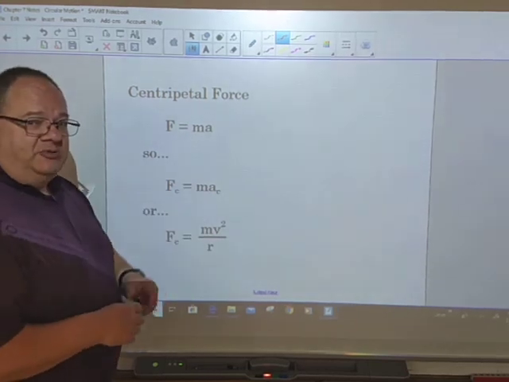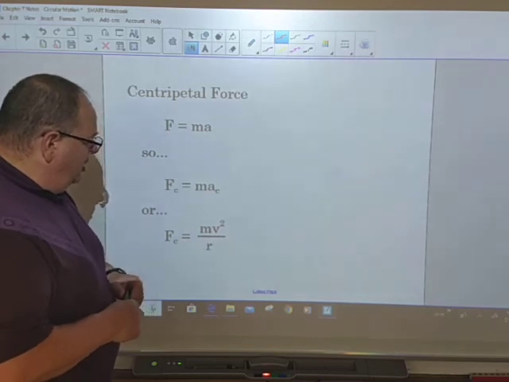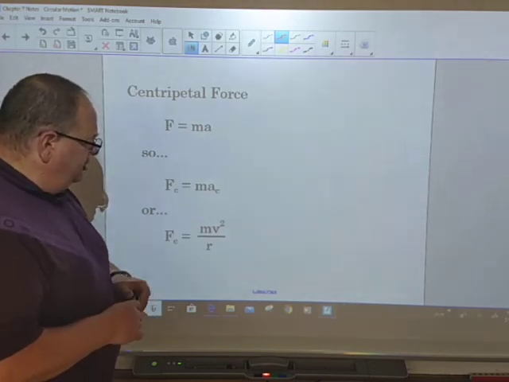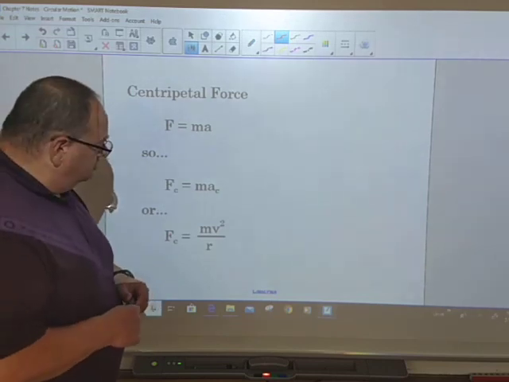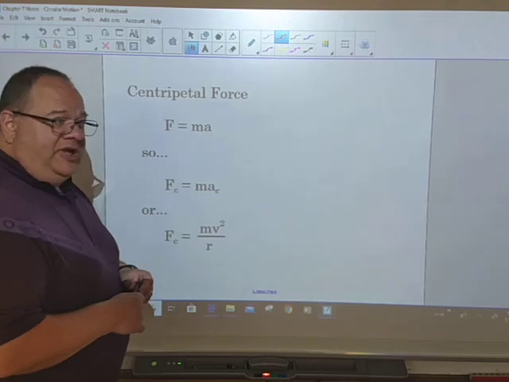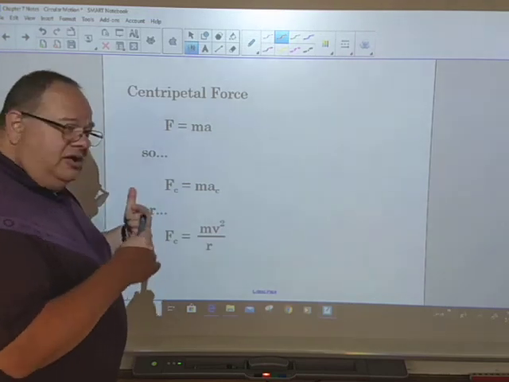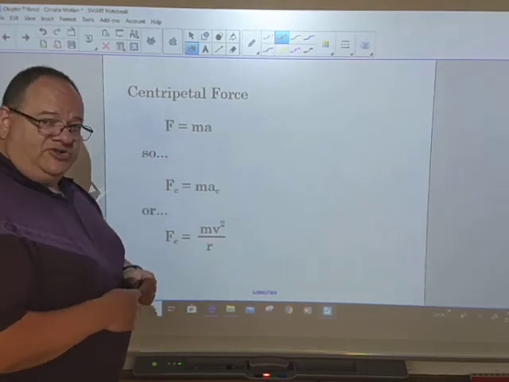But on the last page, we just wrote that the centripetal acceleration is v squared over r, so we could say that centripetal force is mass v squared all over r. This is just application of Newton's second law, but giving it a little twist because we're talking about something that's going around a circle.